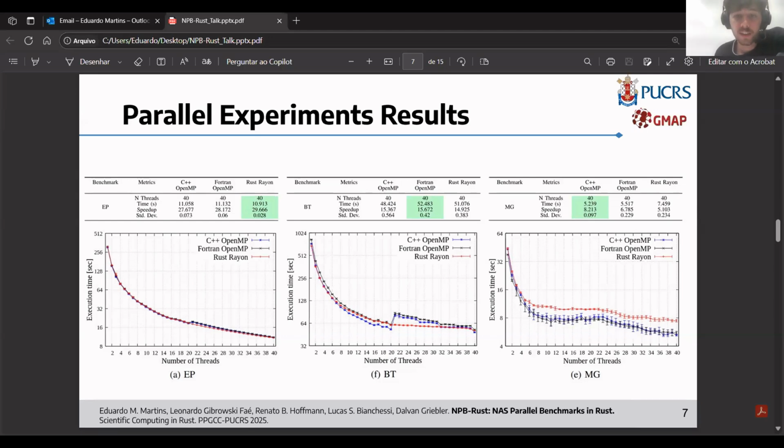We used Clang in this case because of the LLVM, and we didn't compare with other compilers, but you can find results that compare these different compilers if you look for the paper of the NPB C++ version. In that paper, they did some comparison between different compilers, but in this work, we opted for Clang because of the LLVM.